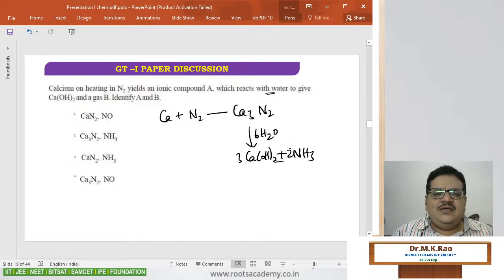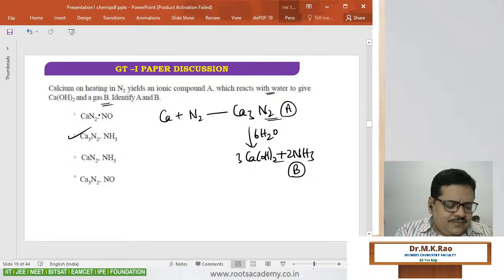Now they are asking for gas B, and then compound A. So compound A is calcium nitride and gas B is ammonia. It is the second option. Question number 135, second option, correct.